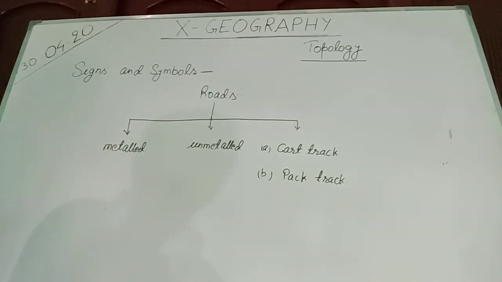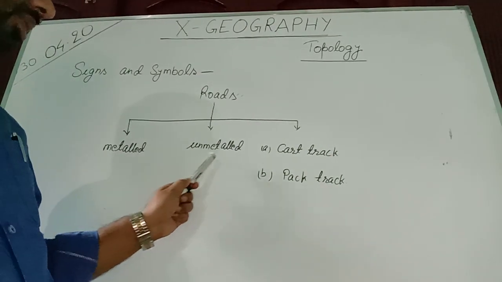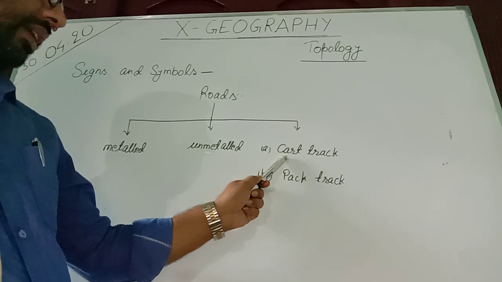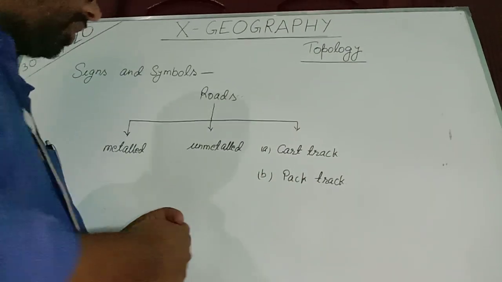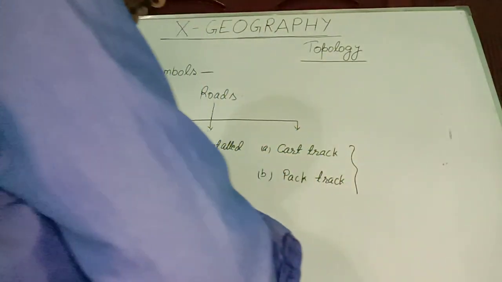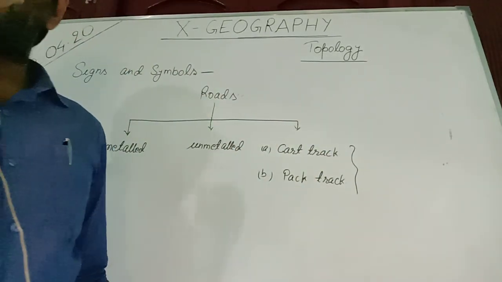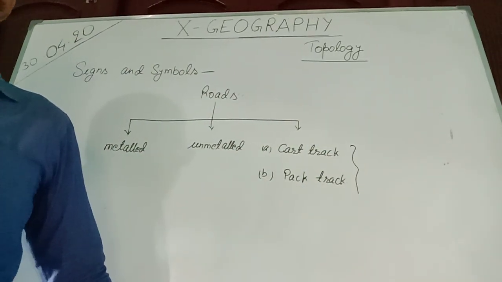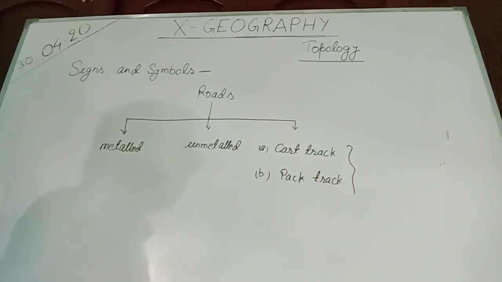These three categories are metalled road, unmetalled road, and car track and pack track. These two come together as the third division of roads on the topo sheet. In the last class, we studied the signs for these types of roads.